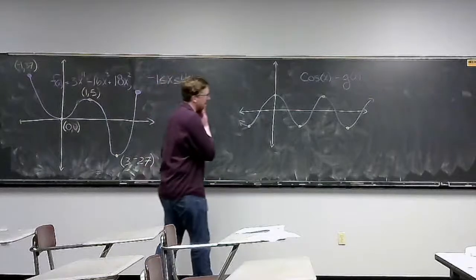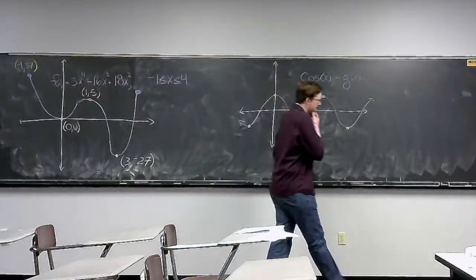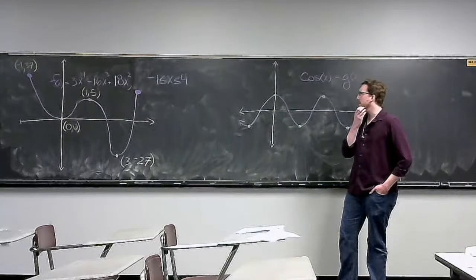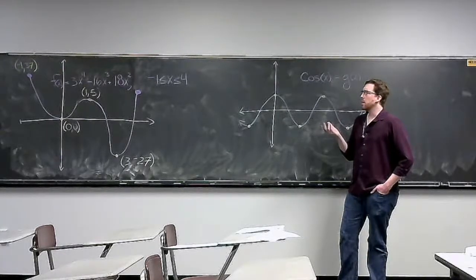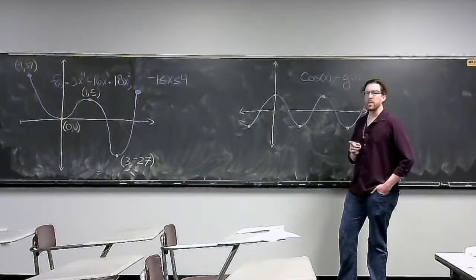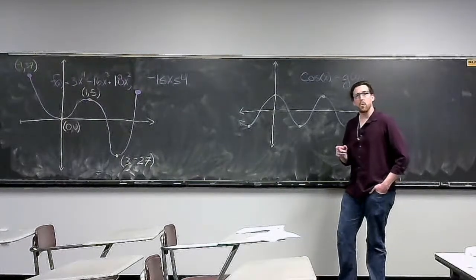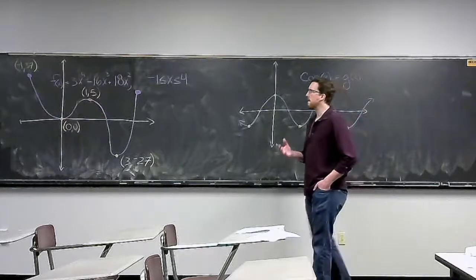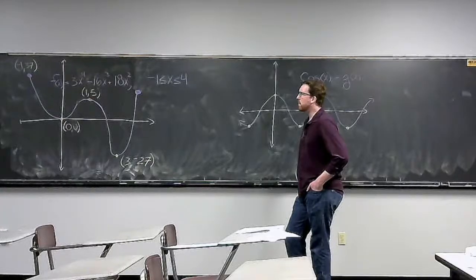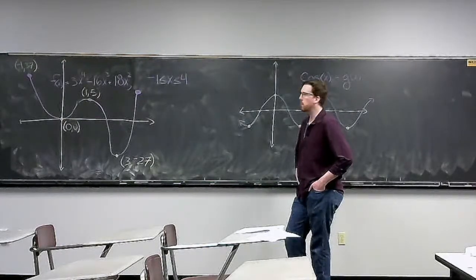Having said that, let's take a minute to notice something about all of these. Everywhere we have a local max or a local min has to be a peak or a trough. Well, isn't that the same thing as saying the tangent line has to be perfectly horizontal?